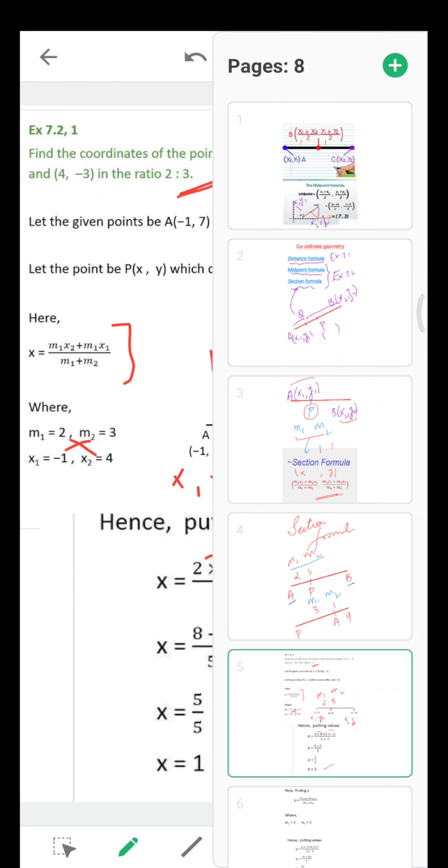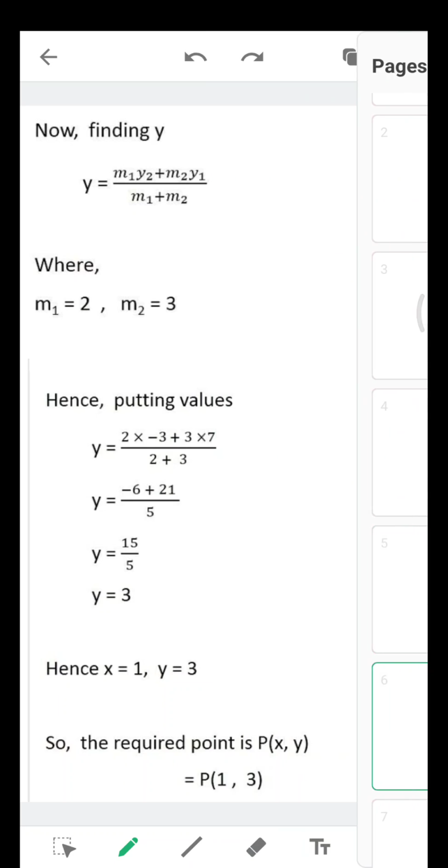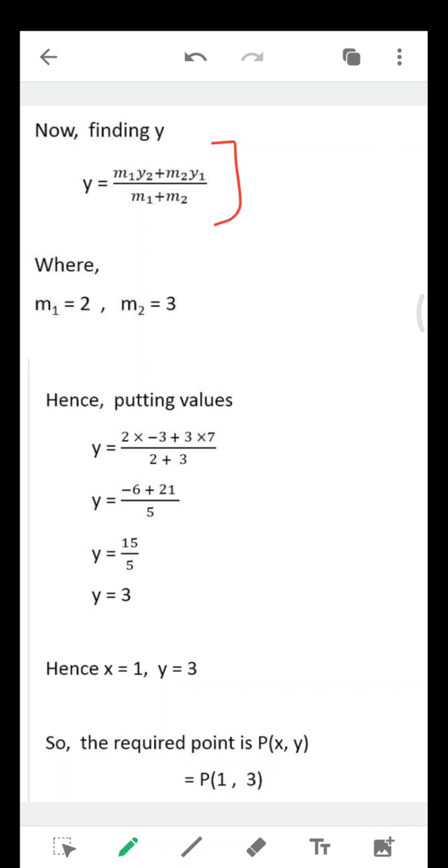Next we can find the value of y. For finding y, the formula is m1 y2 plus m2 y1 by m1 plus m2. If you want to remember it easily, just remember 1 2 and 2 1, and then add m's to it, m and y or m and x: 1 2 2 1, m1 y2 and m2 y1.